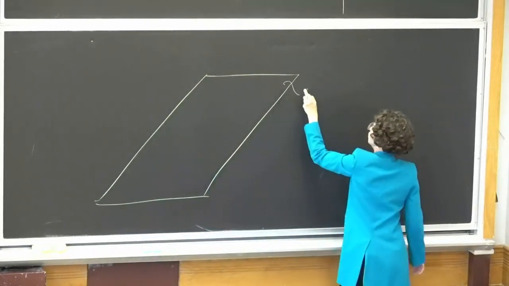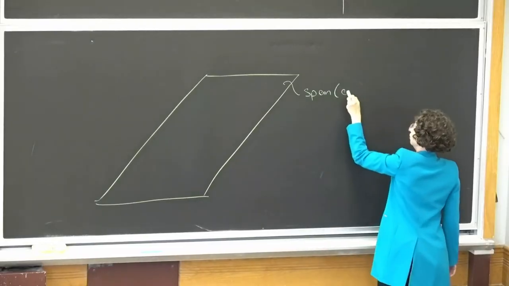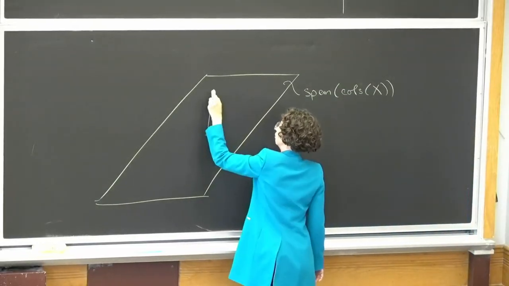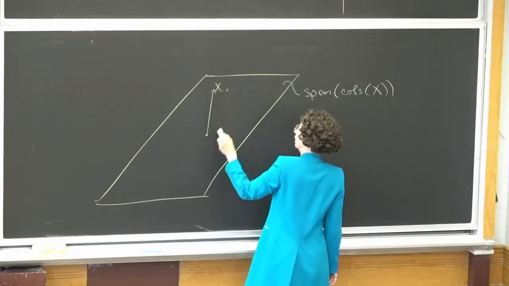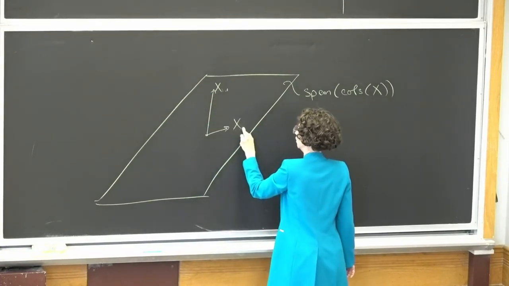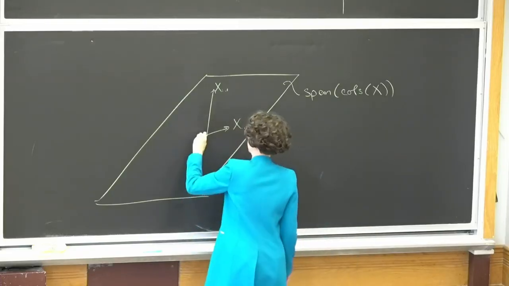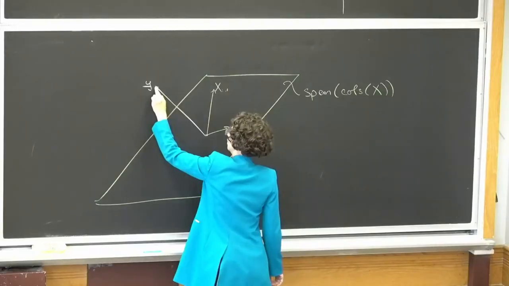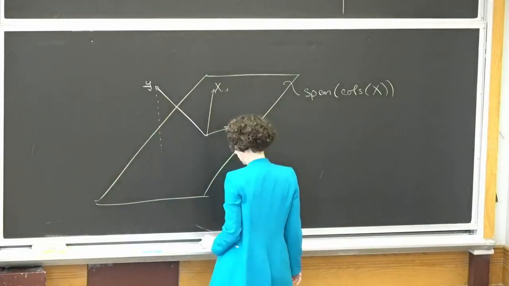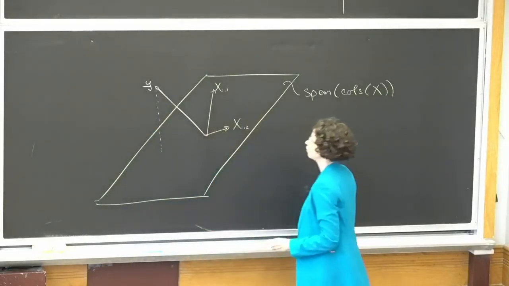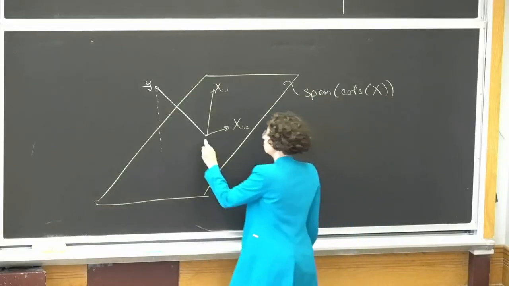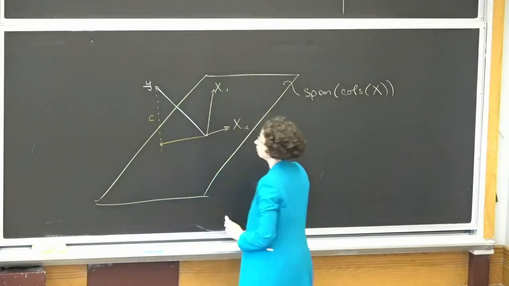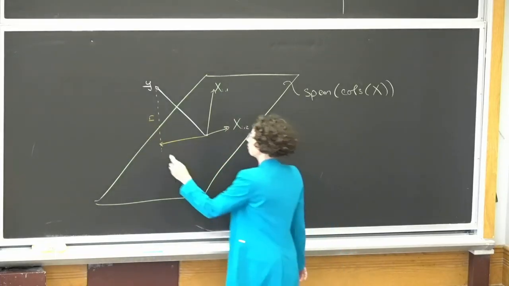Here, this was the span of the columns of X, or the range of X. Here was our origin, here we had the first column, and here we had the second column. Then we had our label vector y, and we said that the vector in this span that was as close as possible to y, that minimized the distance r, we called y hat.